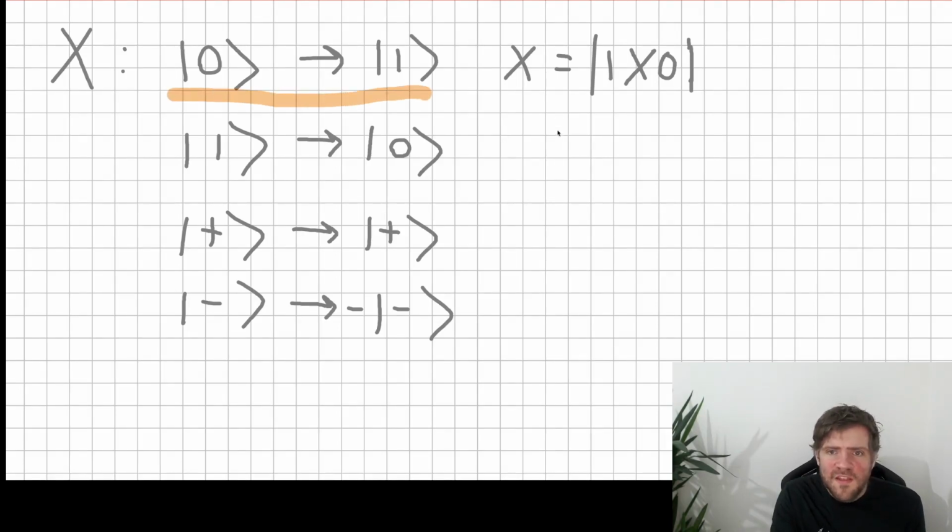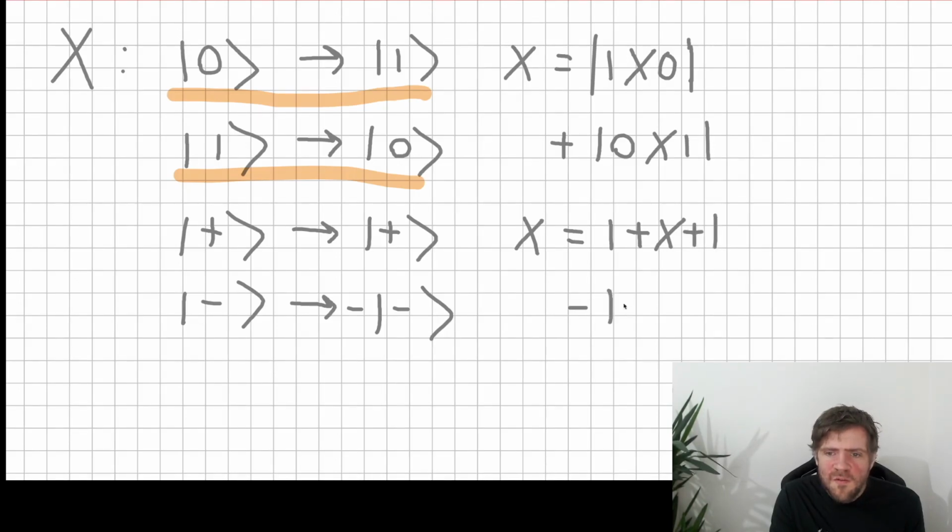And then we've been adding to that the 1 outer producted with 0 the other way around, because it describes exactly this effect. And similarly, we can write down X as plus outer producted with itself minus minus outer producted with itself.